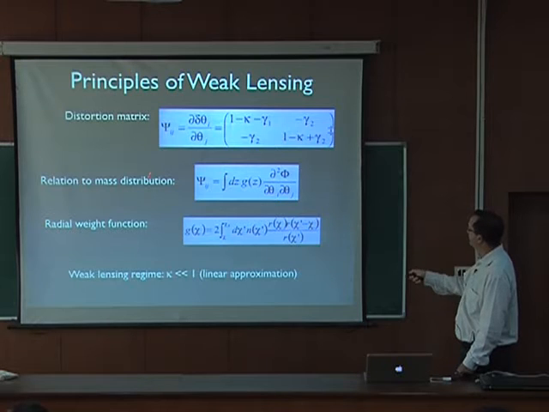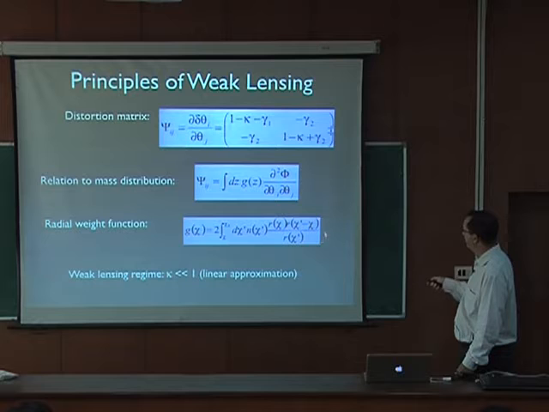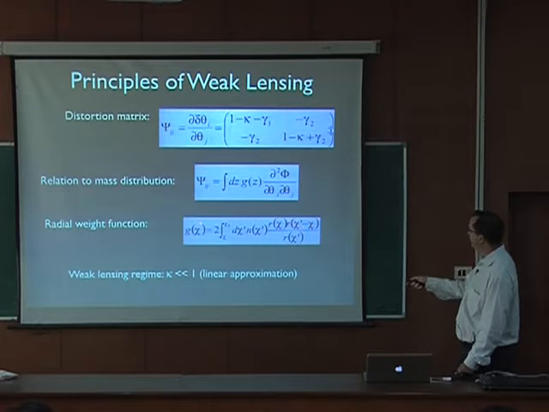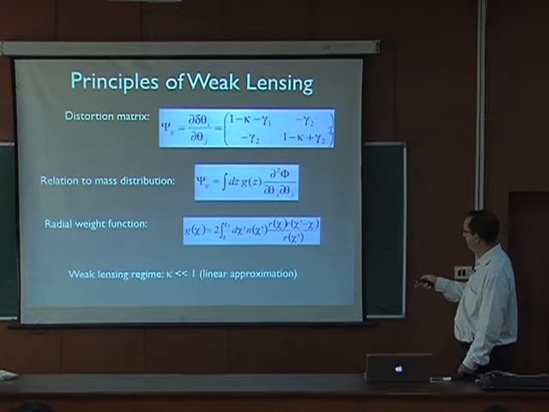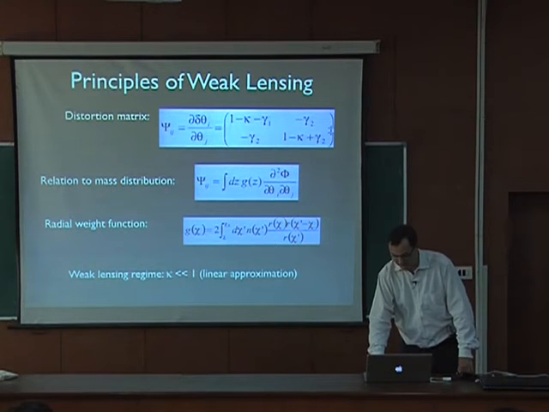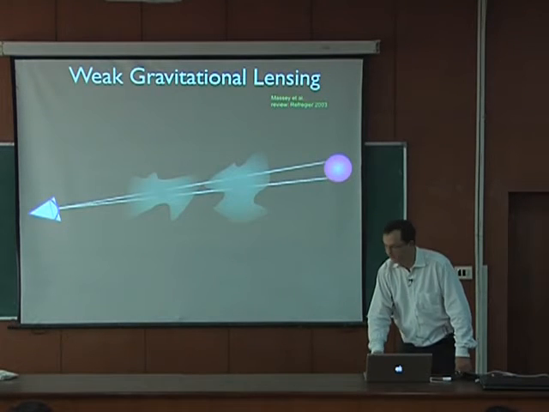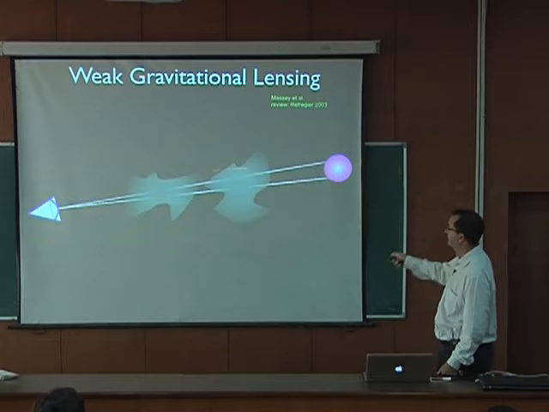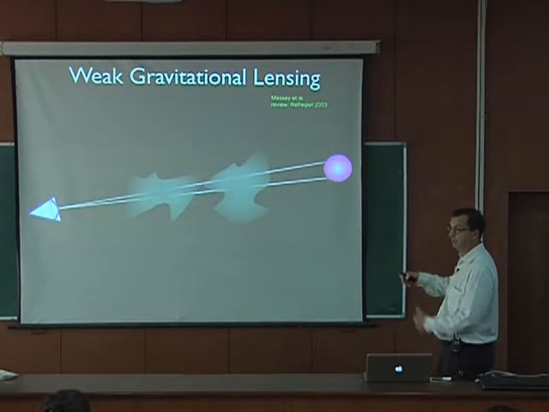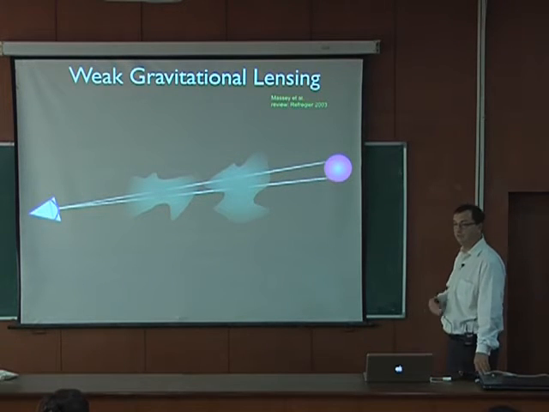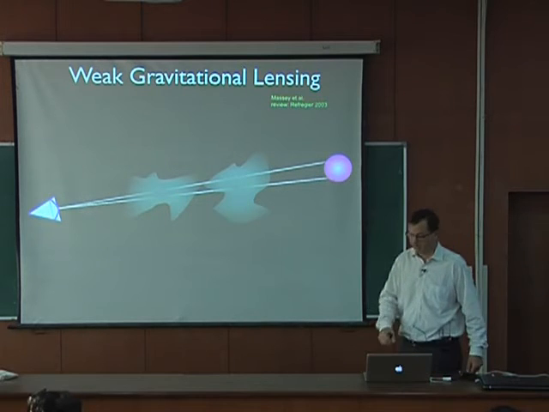And this distortion matrix, as I said, is equal to the projection of the gravitational potential derivatives along the line of sight, and the projection function is basically equal to the distribution of the redshift of the background galaxy that we're using. So we need to know the redshift of the galaxy that we're using for the lensing, which we can get from measuring the spectra of these galaxies or photometric redshifts, as I'll talk about later.